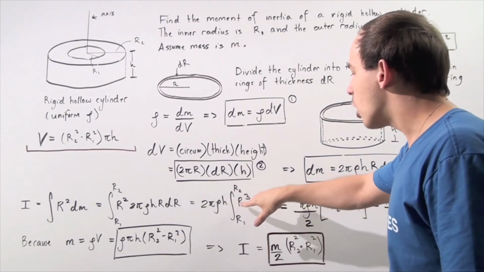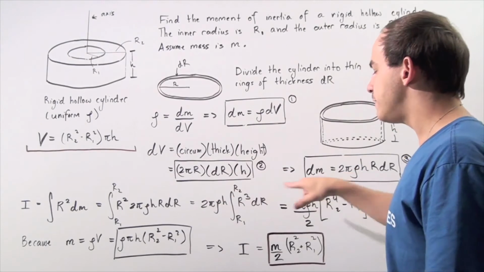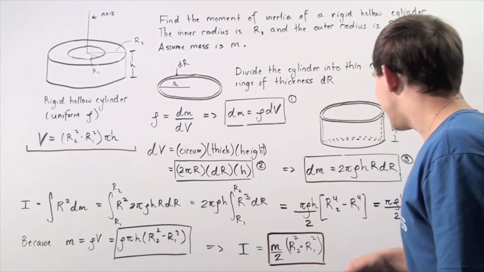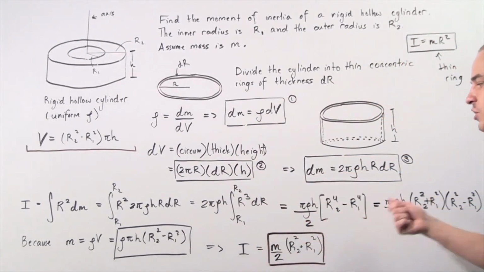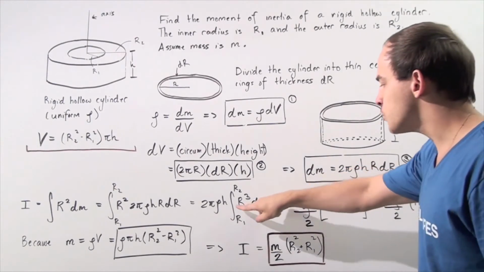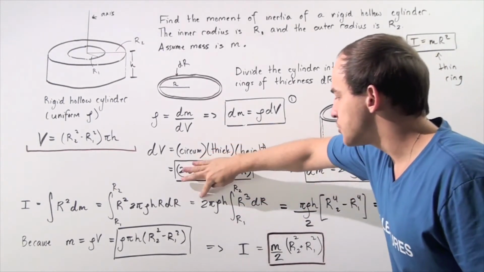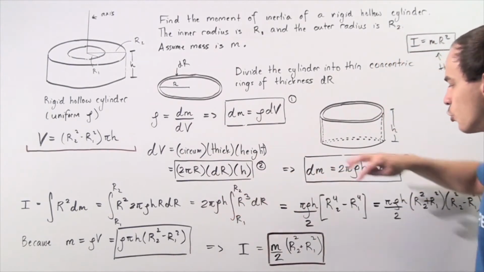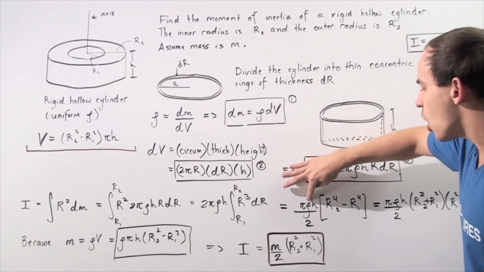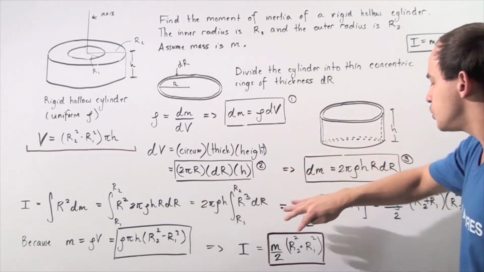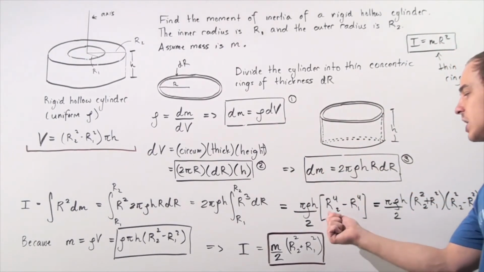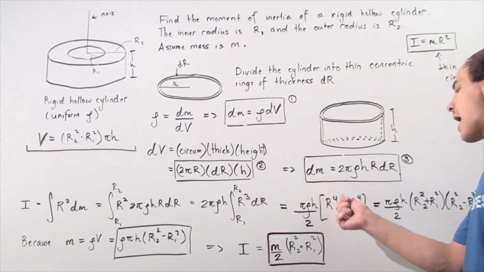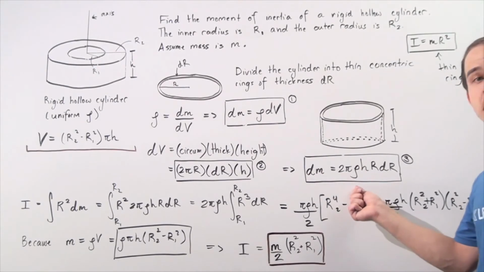So we actually integrate. This becomes r to the 4th power divided by 4, and we evaluate the integral. We get the following result. Notice we get a 4 on the bottom, and there's a 2 here, so the 2 cancels, and the denominator becomes a 2. So we have pi rho h divided by 2 multiplied by r2 to the 4th power minus r1 to the 4th power.